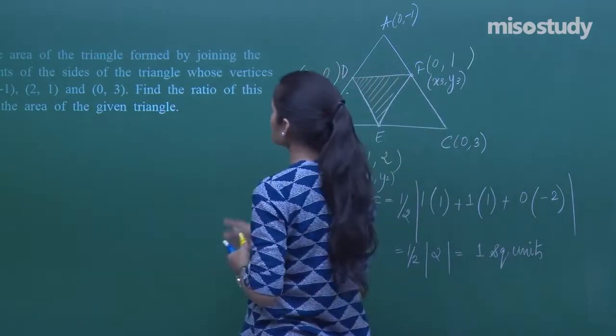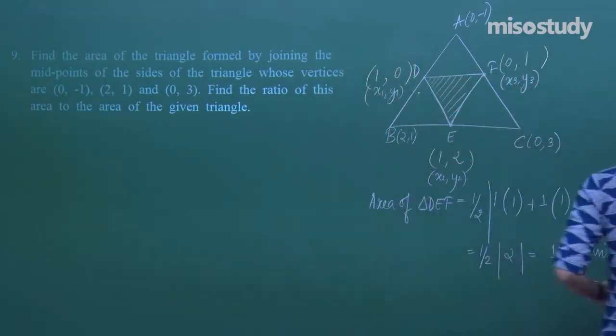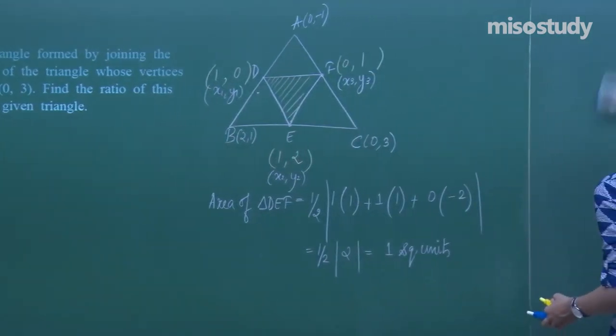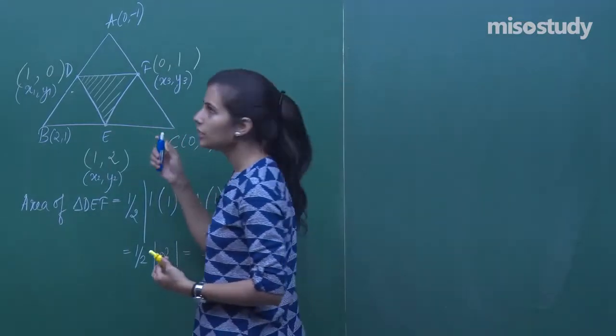Further, the question is also saying find the ratio of this area to the area of the given bigger triangle. So now you have to find the area of the bigger triangle as well, which is ABC. So how do you do it?